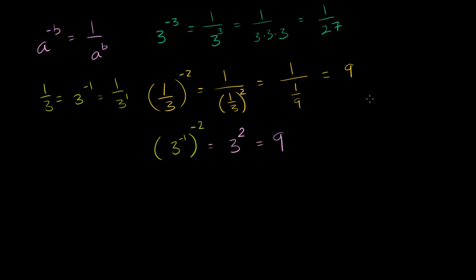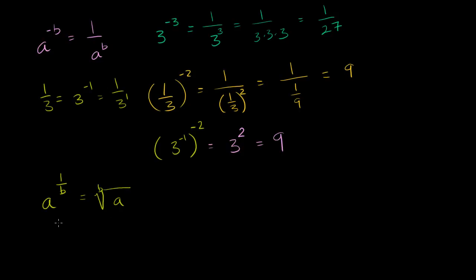Now, the last thing I want to define is the notion of a fractional exponent. So if I have something to a fractional power, so let's say I have a to the 1 over b power, I'm going to define this to be equal to the bth root of a.